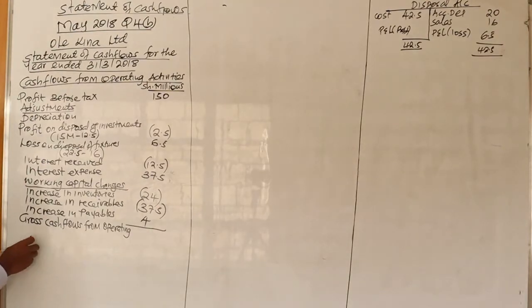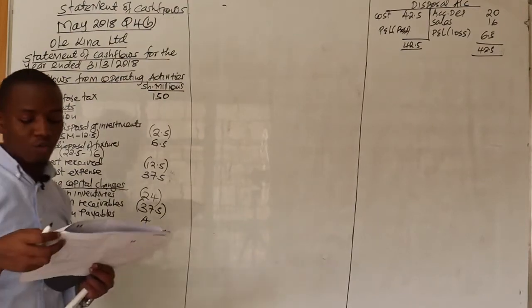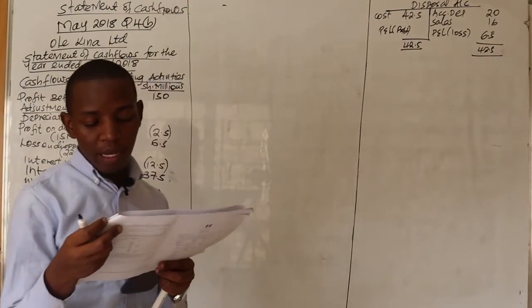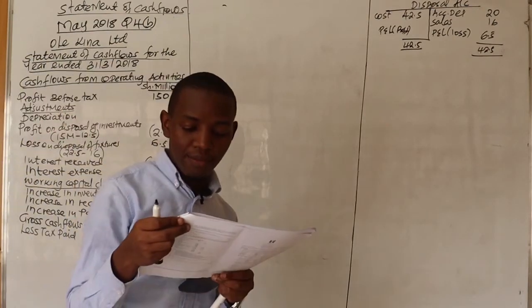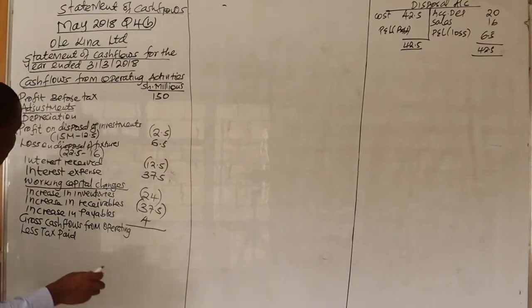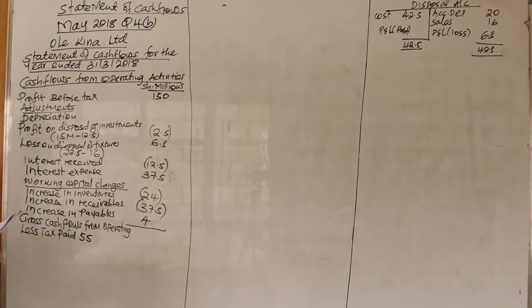So after that, you can now less the tax paid. And how will you know the tax paid? We've been given the beginning year of 2017, the tax that was there, and the tax for 2018, on the current liabilities. So for the beginning of 2017, the tax that was not paid was 55.